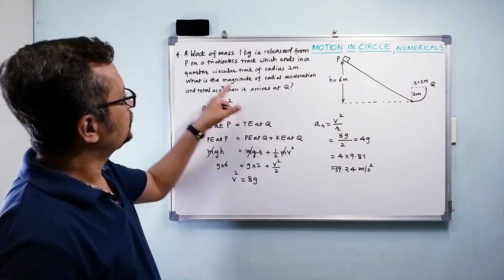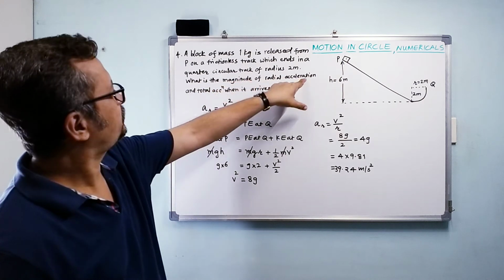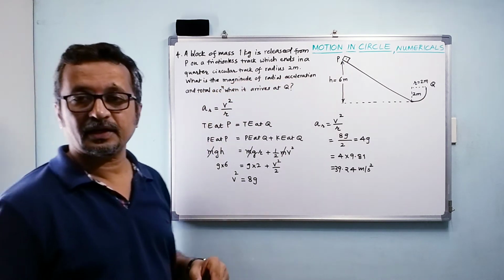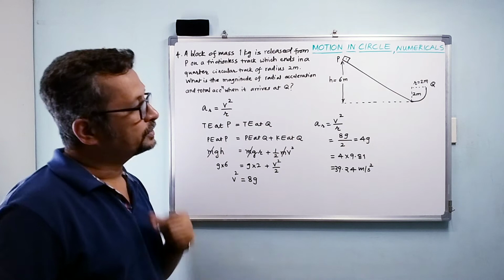So that is one part. What is the magnitude of radial acceleration and total acceleration when it arrives at point Q?